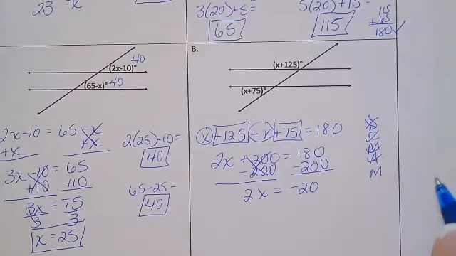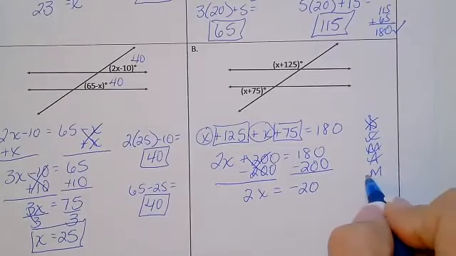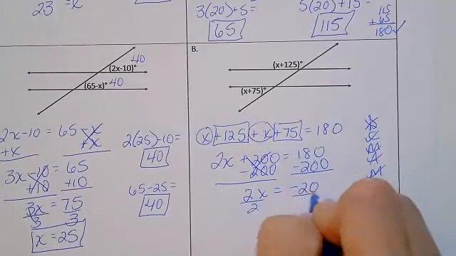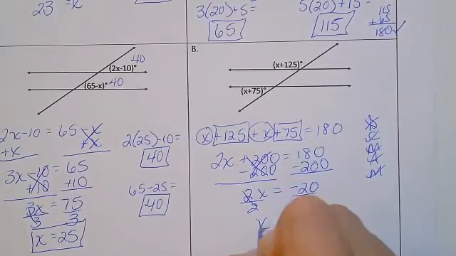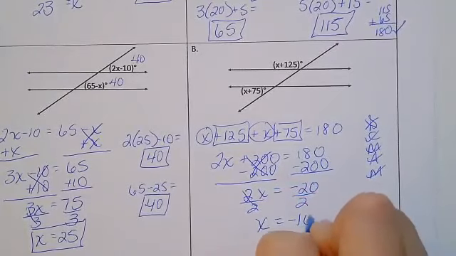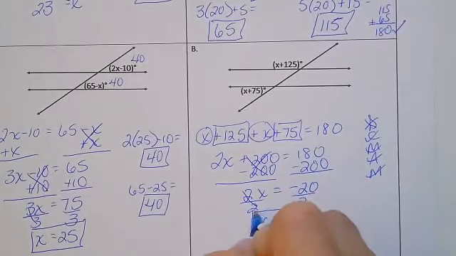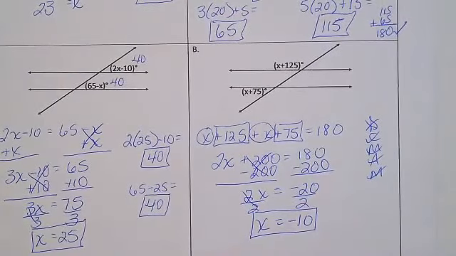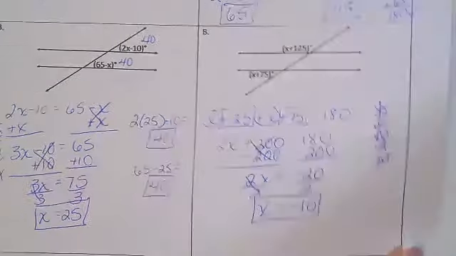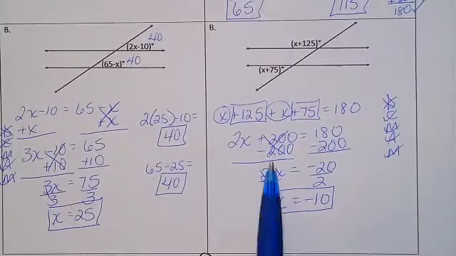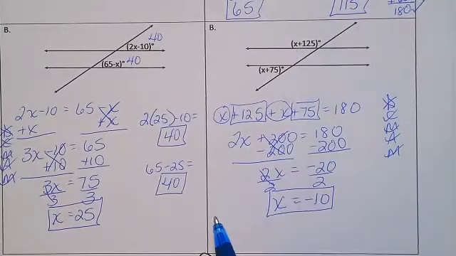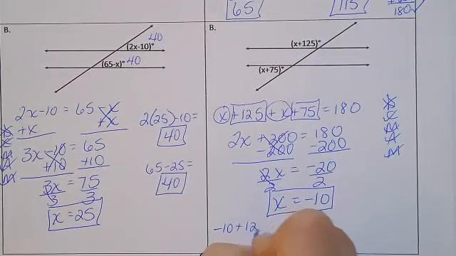Okay, done moving and adding, moving and subtracting. I need to multiply and divide. I'm going to divide both sides by 2. X equals negative 10. All right, time to substitute. So I'm going to substitute here first. Negative 10 plus 125 equals 115.